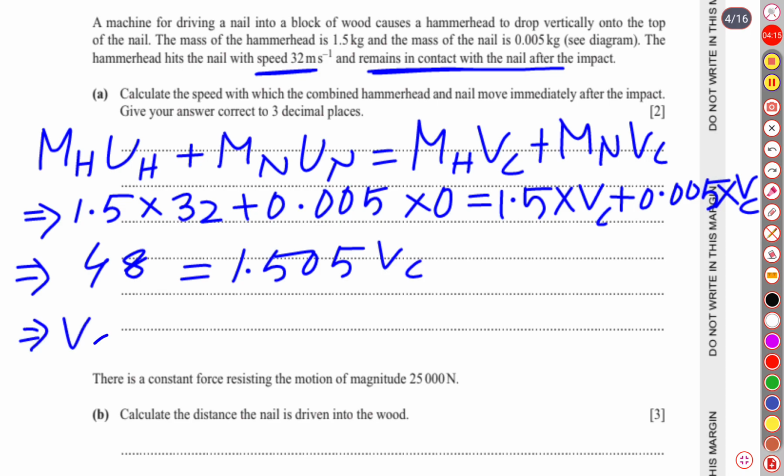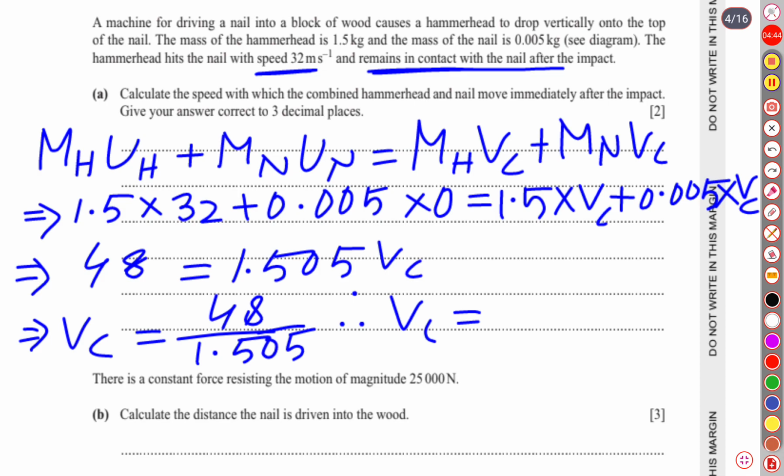Then the velocity of the combined object is 48 over 1.505. If we divide 48 by 1.505, it is going to be 31.8937.